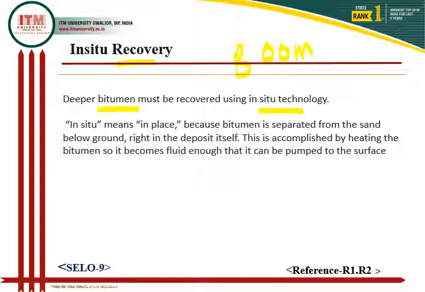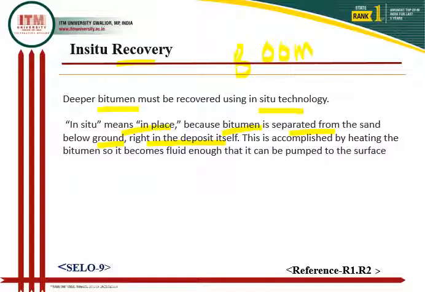So in situ means in place, because the bitumen is separated from the sand below ground right in the deposit itself. The extraction process takes place below ground, right at the same place where the oil sand deposit is.